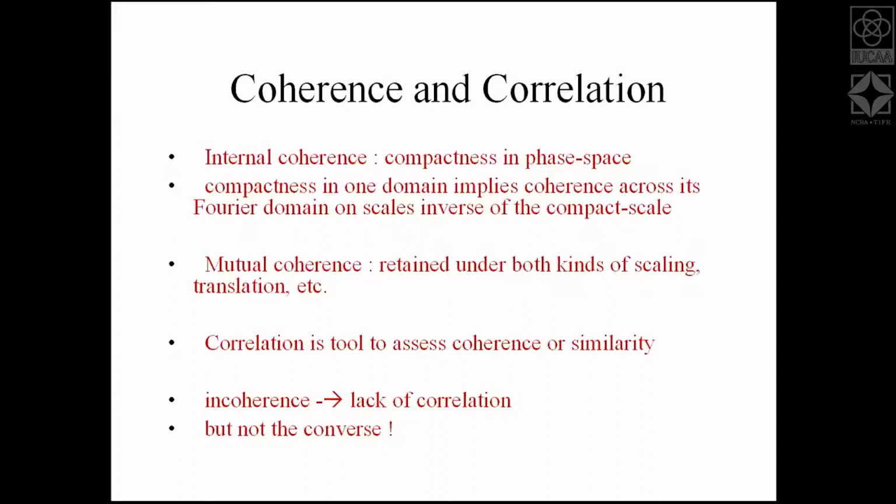So you will find that lack of coherence would lead to lack of correlation. That means there won't be any similarity between the two things if they happen to be incoherent. But the converse is not true.